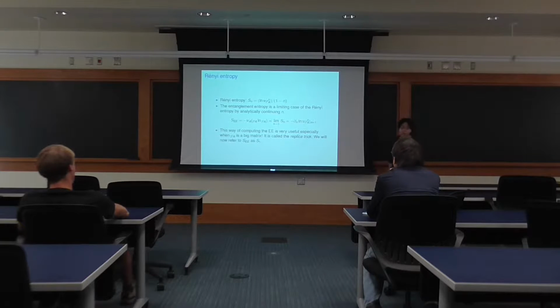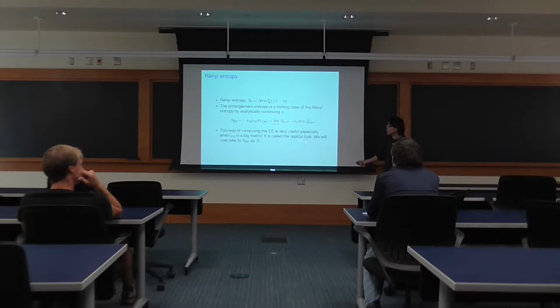In fact, we will be focusing mostly on computing Rényi entropies and entanglement entropies in field theories. In field theory, where rho A is really an infinite dimensional matrix, computing first the Rényi entropy and then taking this limit is in fact the easiest way of computing the entanglement entropy.